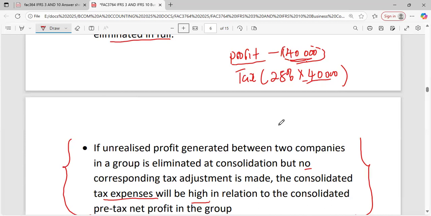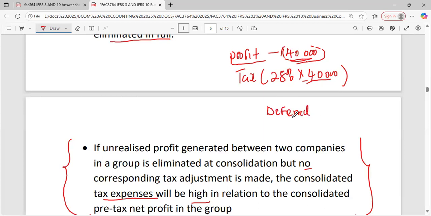So every time you are doing your elimination, the moment you eliminate a profit, you should also eliminate the tax implication in that profit, which means you are going to have a deferred tax. Remember, I always say deferred tax, you cannot run away from it.